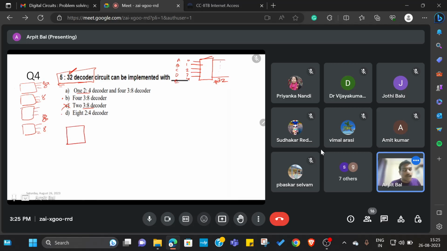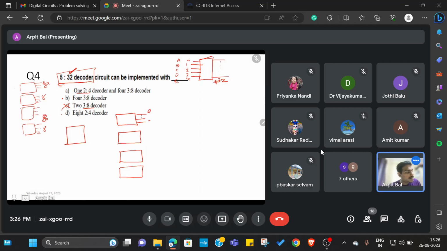There is another catch. These decoders can have a decoder enable: only when that enable signal is high will the decoding take place. So let's keep the 4 3:8 decoders in this fashion. This will satisfy our number of decoding lines that is required.